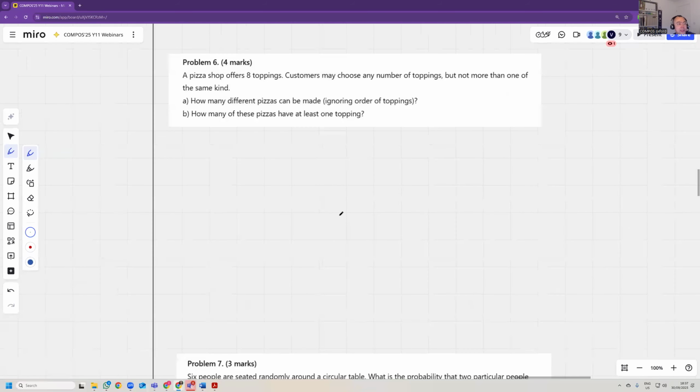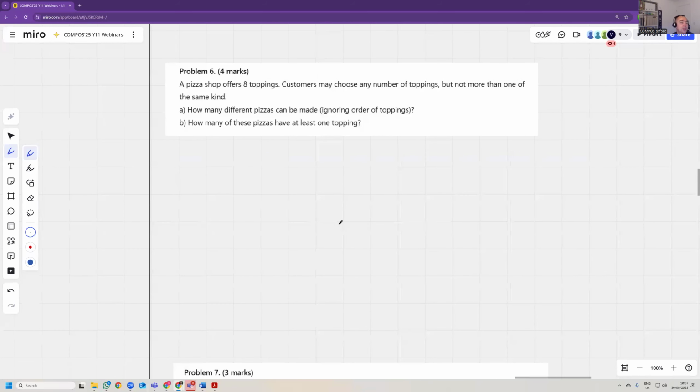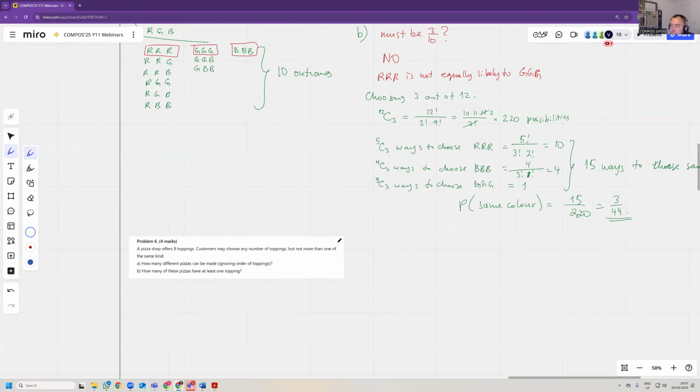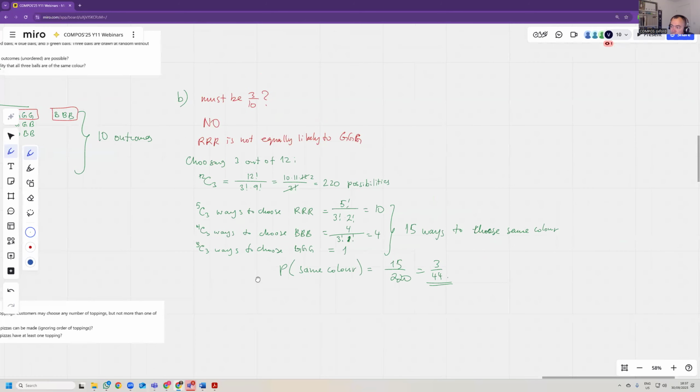A pizza shop offers 8 toppings. Customers may choose any number of toppings, but no more than one of the same kind. So this is talking about subsets. Why do we use combinations and not permutations? Because the order in which you choose doesn't matter.